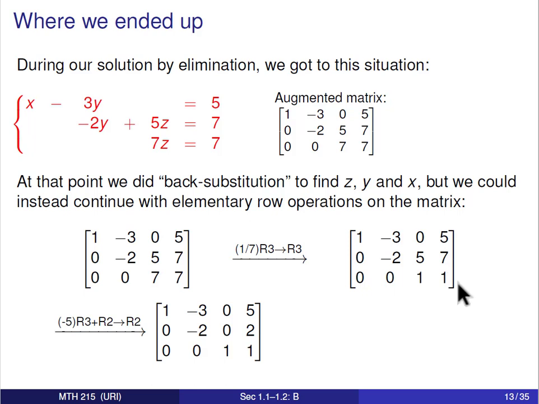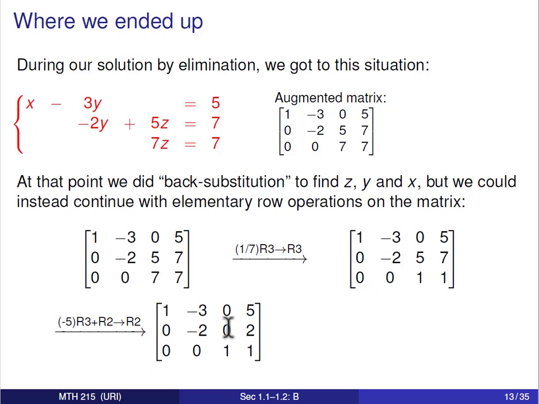And when I add that row to the second row, 0 plus 0 gives us 0. -2 plus 0 gives us -2. 5 plus -5 gives us 0. And 7 plus -5 gives us 2. So we end up with this system here.